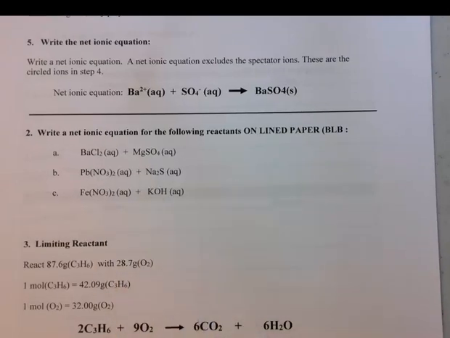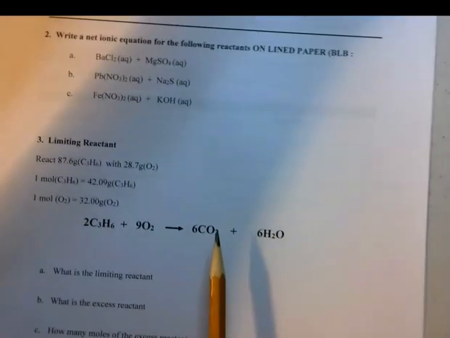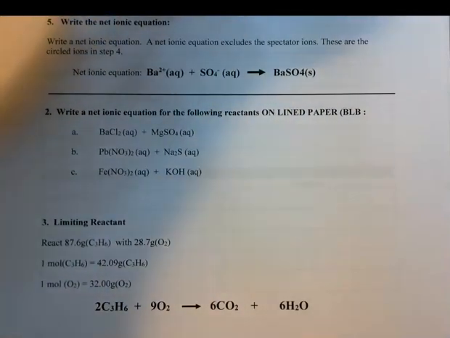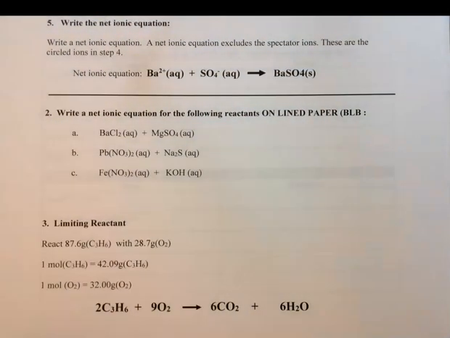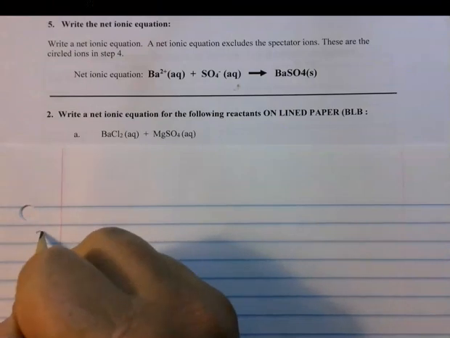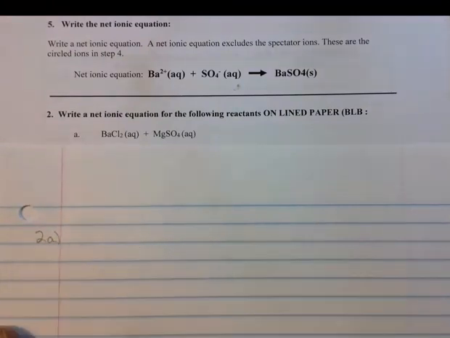The rest of the problems down below, you'll see there are some more problems, including a limiting reactant problem, because we need to practice those. You can do those on this sheet, but go ahead and do the net ionic equation problems on a separate piece of paper. Okay, so here we go. I'm going to do problem 2A on a piece of lined paper right there. Be sure to write your name on it and staple it to this.